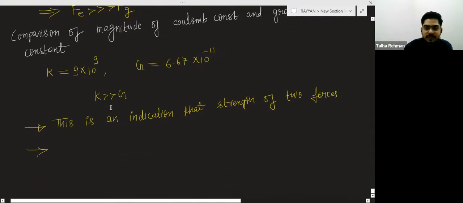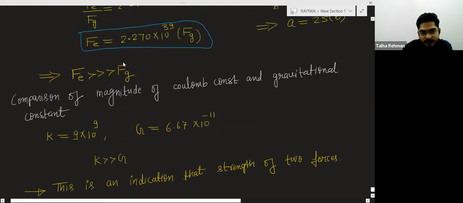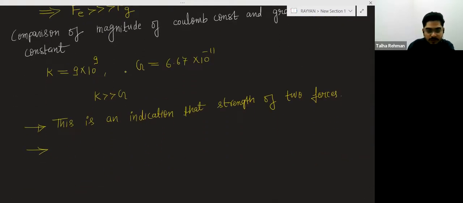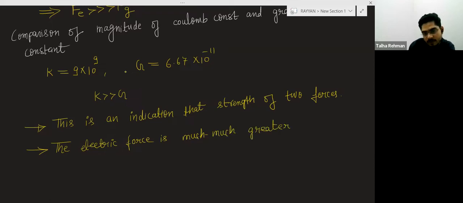I have already written this here, but in case you are not getting what Fe and Fg are, I am writing again: the electric force is much greater than the gravitational force.